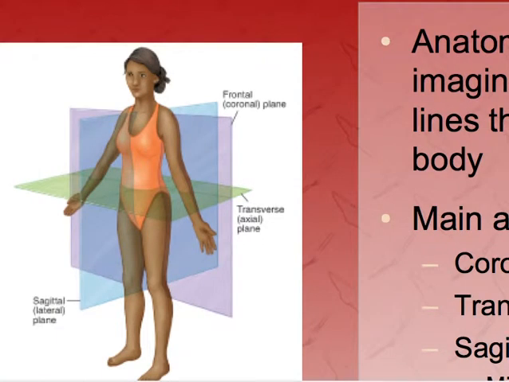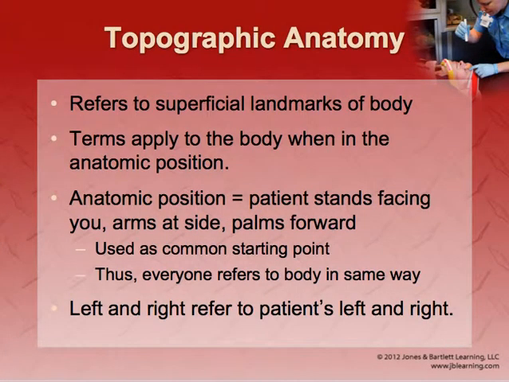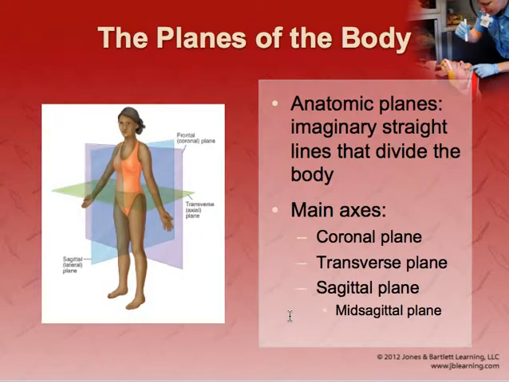If you can see, the palms are up, and the patient would be facing you. Now, whenever you use directional terms like left and right, those terms belong to the patient. So here, left and right refer to the patient's left and right, not your left and right.